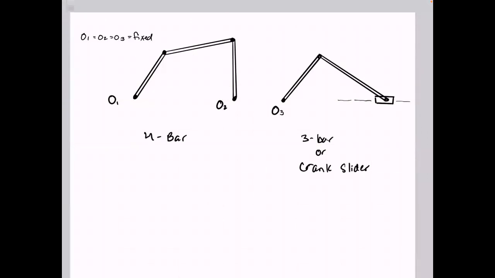It might, instead of having the O1 and O2, be A, B, C, D, but however this is labeled, you'll have 2 pins on the ground that are fixed with 0 velocity and 0 acceleration, at least for this class. These constraints will typically be here.